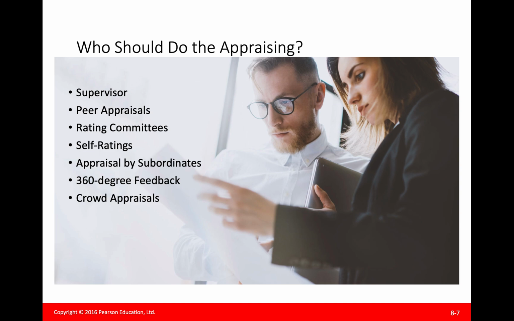But appraisal by subordinates or 360-degree feedback is more for developmental purposes. Are you clear about this? Each approach can be more useful for pay purposes or for developmental purposes, depending on the people who give the appraisal.